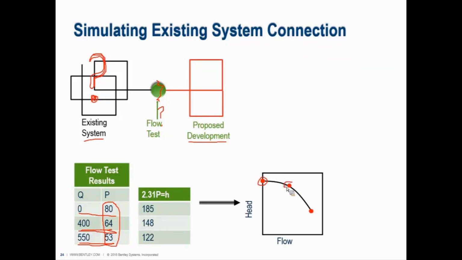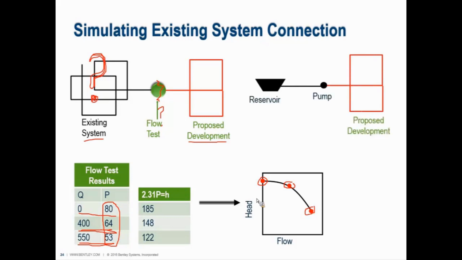This data point is going to be the original 400 Q and 64P, and this one is 550 Q, 53P. Looks like a pump curve, and you know what? That's what it is. So now what we can do is simulate the connection to the existing system with a reservoir and a pump.